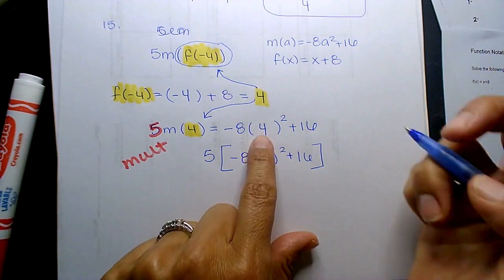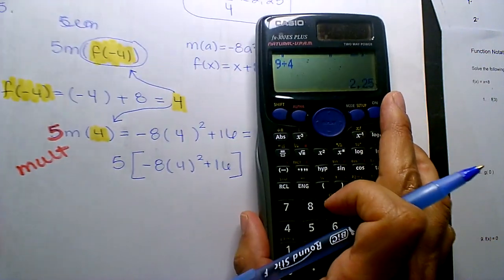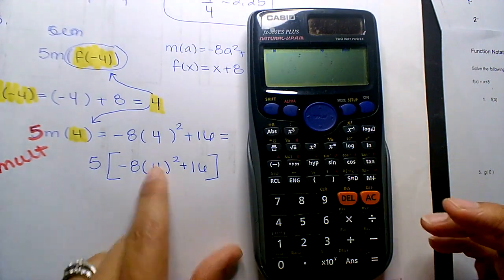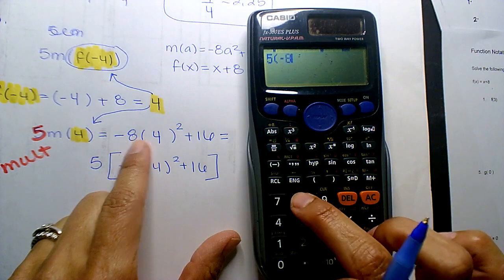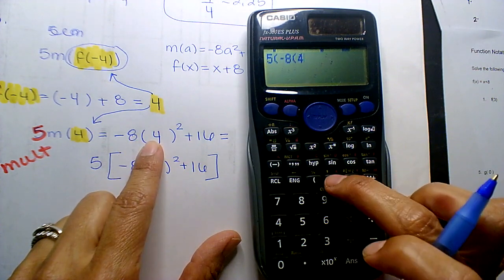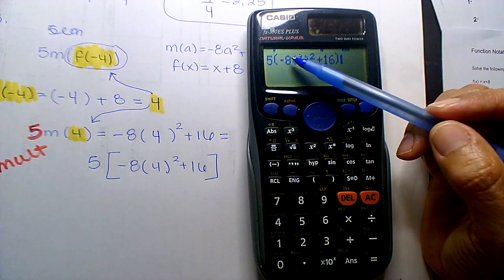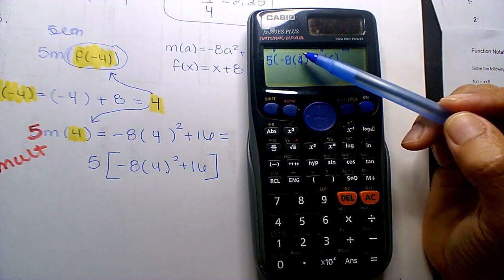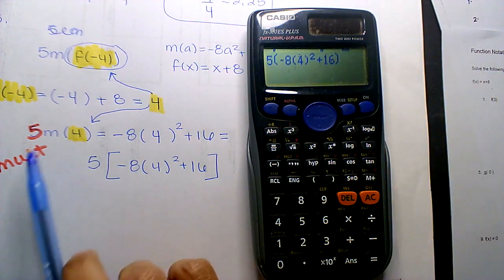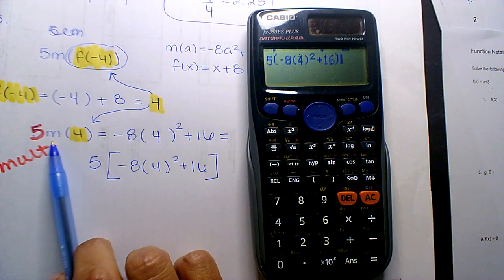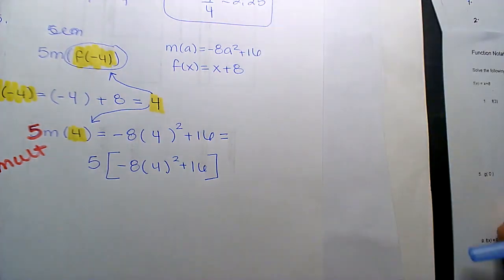Okay, so if you're comfortable with a calculator, I'll solve it by hand as well, but you can type it all in, so you can even write the 5, -8, 4 squared plus 16, and right, there's my m function, -8a squared plus 16. There's my 4, and then I want 5 times the function of m, that output, and so you get -560, but we can solve it by hand.